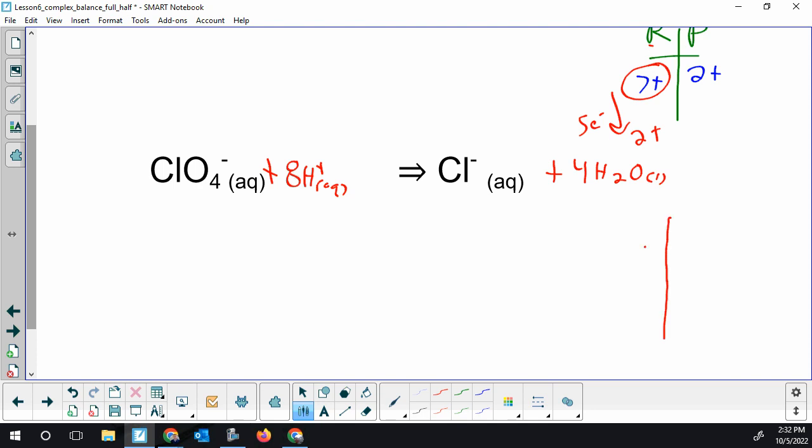We've got lots of charges, so I'm not going to do that in my head. We've got a negative ion, so that's 1 minus. We've got 8+, so that's 7+, similar to the previous question. At the end, we've got a single chloride ion and a bunch of neutral water, so 1 minus.